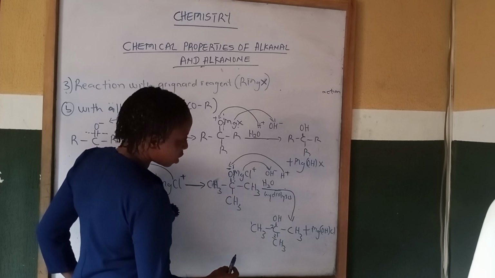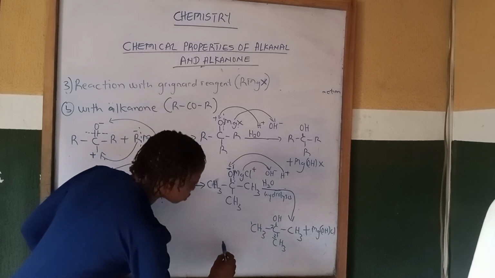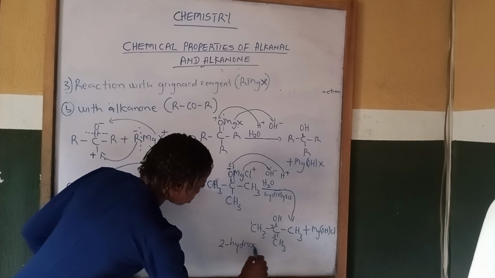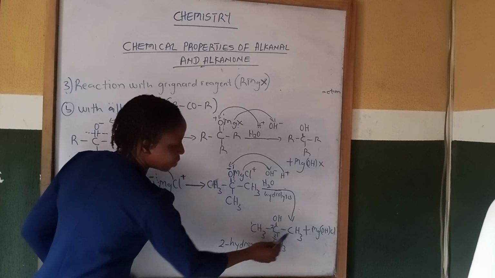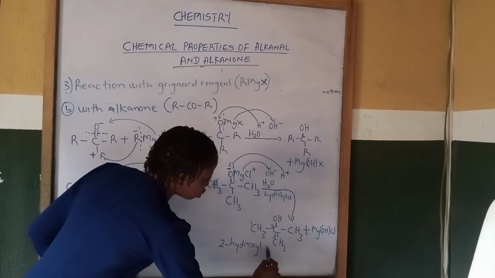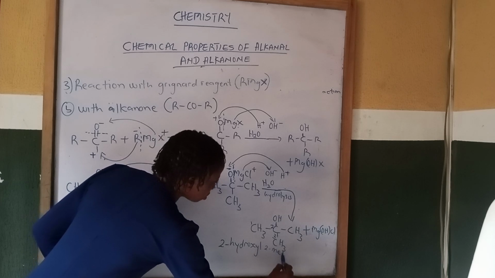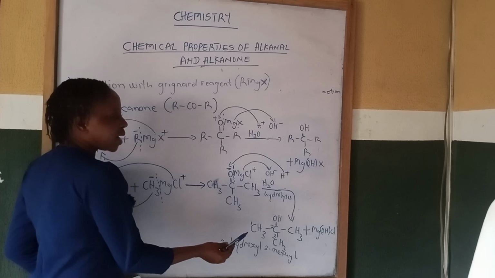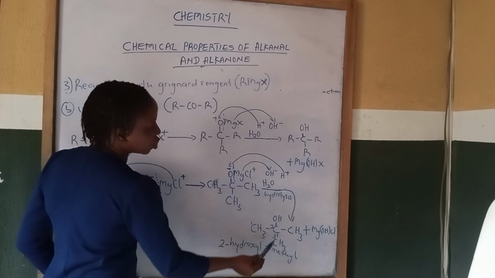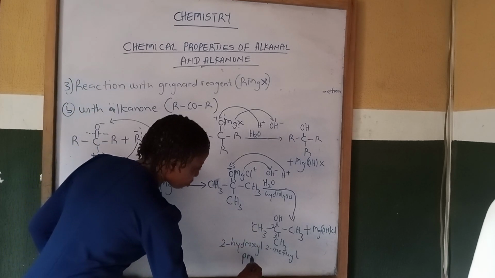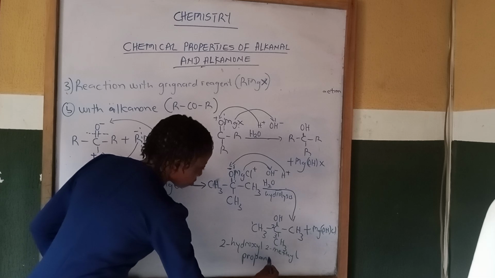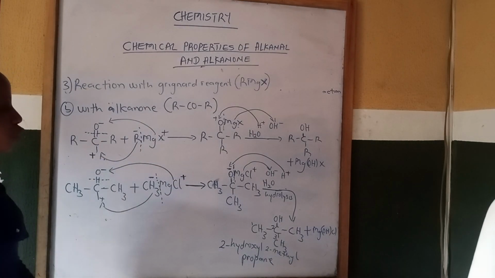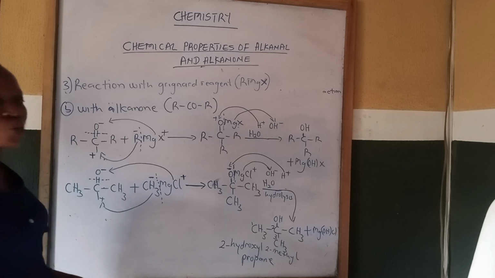So 2-hydroxy, then the methyl is on the second carbon atom, 2-methyl. An alkane with 3 carbon atoms is called propane. So the name of this product is 2-hydroxy 2-methyl propane.